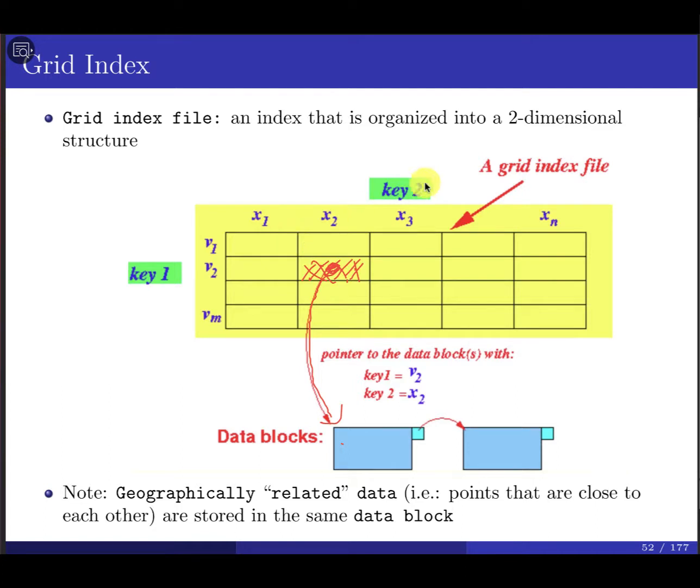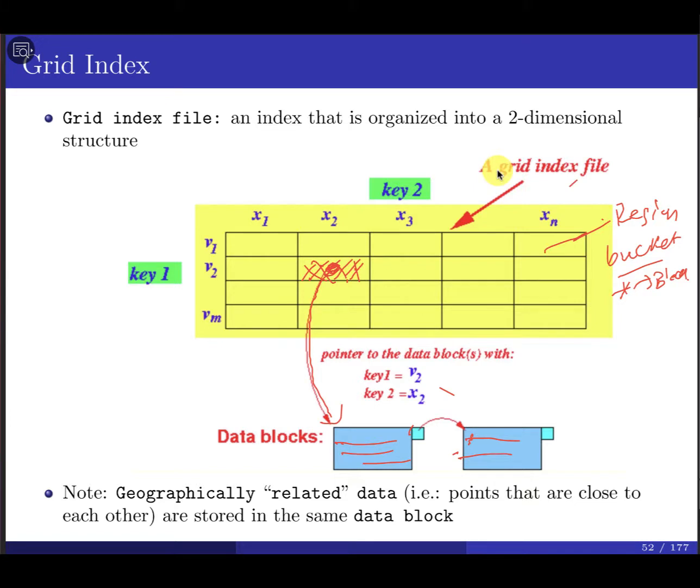Okay, so this is a region, or we call this one a bucket. And the bucket is going to have a pointer to what? To the block. Okay? And the block might have what you call overflow. If the block is full, then you can store the next information in the next block, etc. Okay, this is the grid index file.